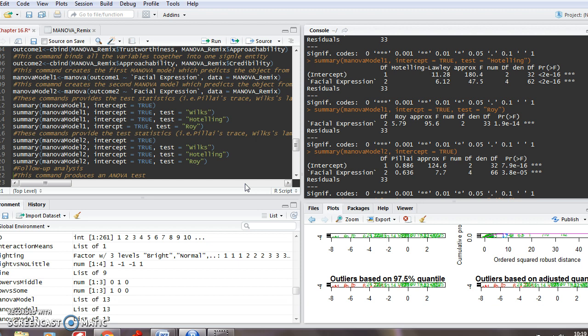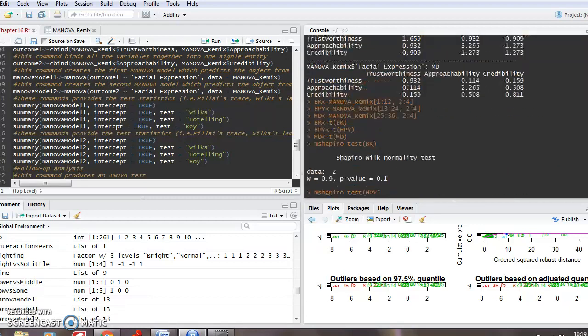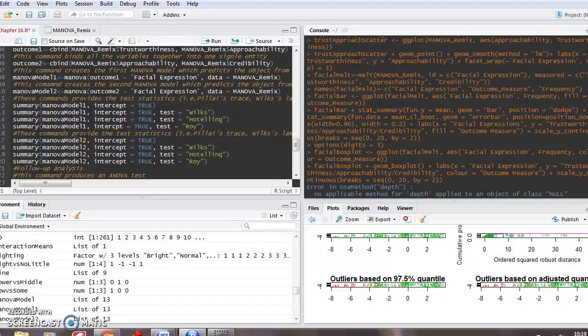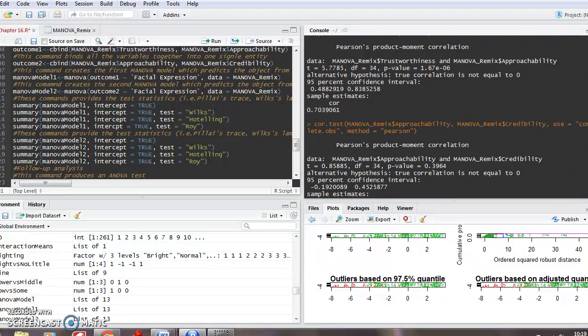So we know that we definitely don't have any group differences because we have 12 people in each group. So that's X'd out. But we also have to consider our intercorrelations. So earlier in my videos, we actually ran a correlations test between trustworthiness and approachability and credibility.